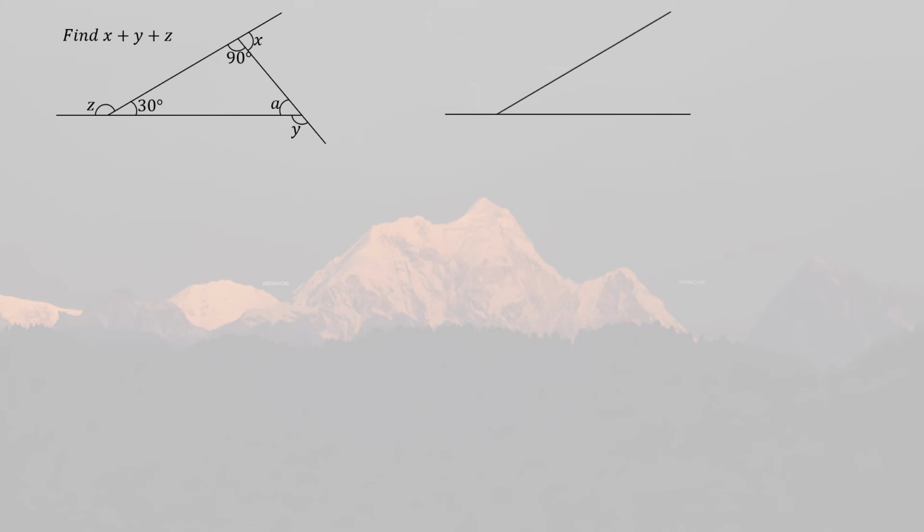If you just take this portion, we have a line which is horizontal, and we have an arm on the line standing on the line. We have this z, we call this the exterior angle.